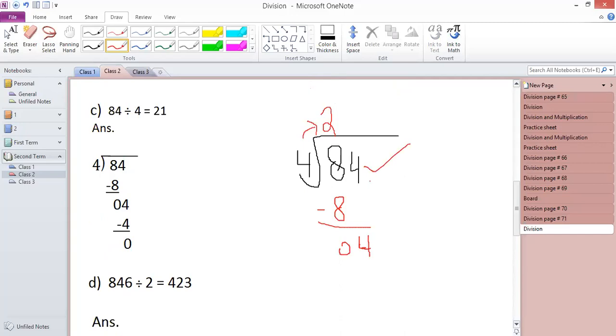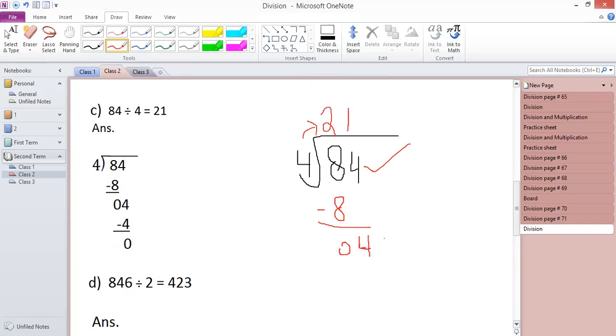4 divided by 4 is equals to what? Yes, guys, can you tell me? 1. Very good, very good. So you will write here 1.